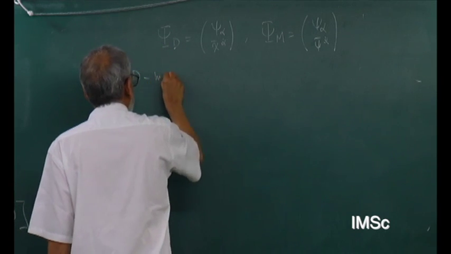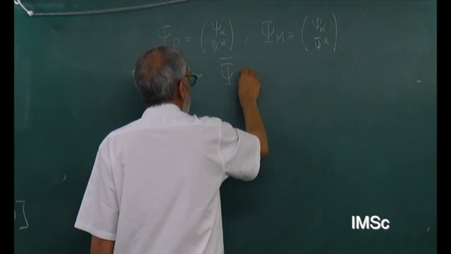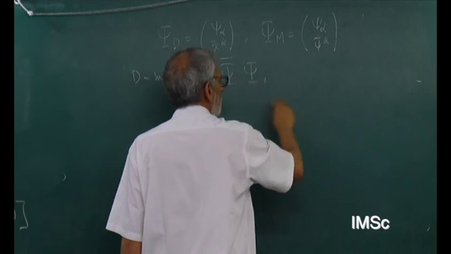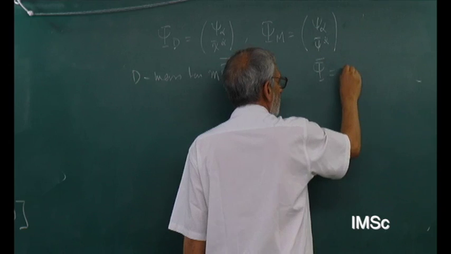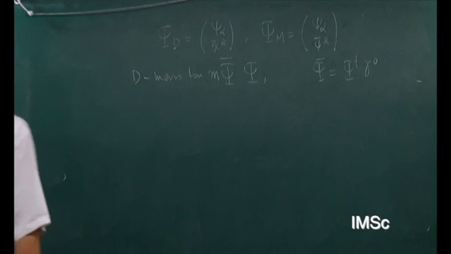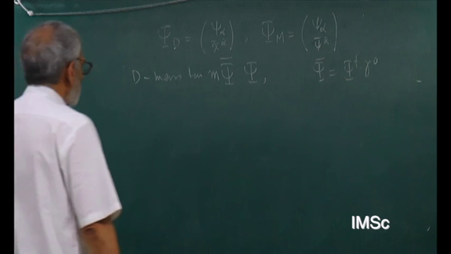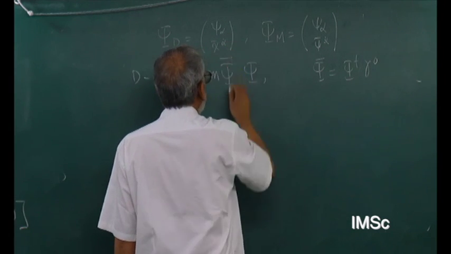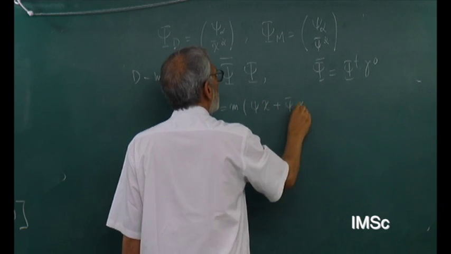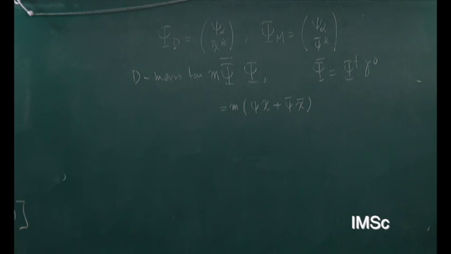The Dirac mass term you would have seen is psi bar m psi, where psi bar in 4-component notation is psi dagger multiplied by gamma naught. This object written in terms of these components is m psi chi plus psi bar chi bar in the 2-component notation.